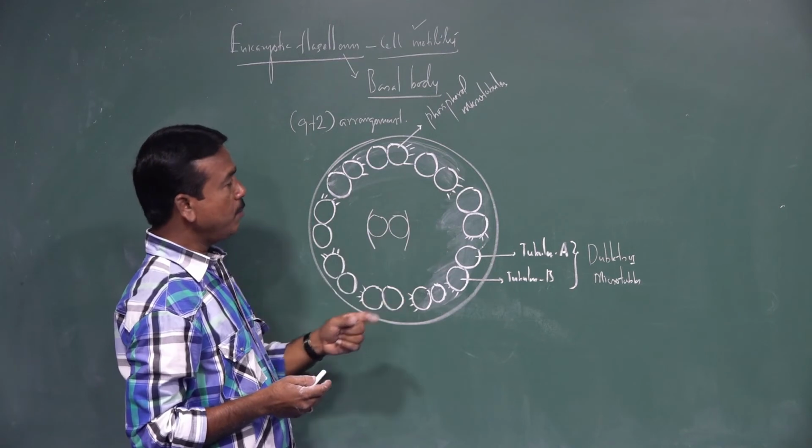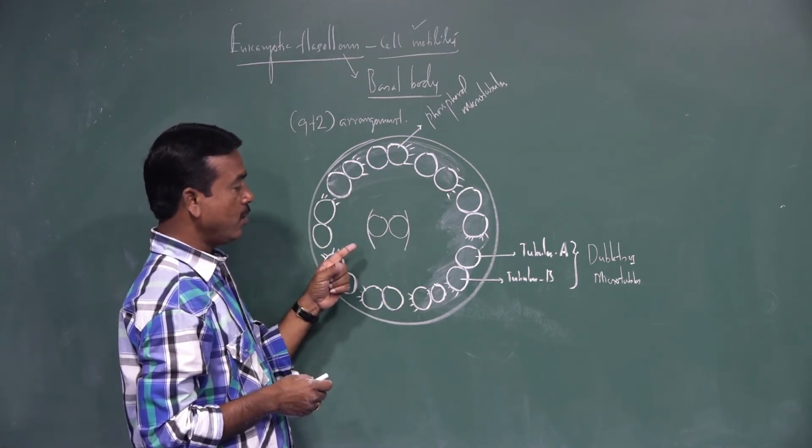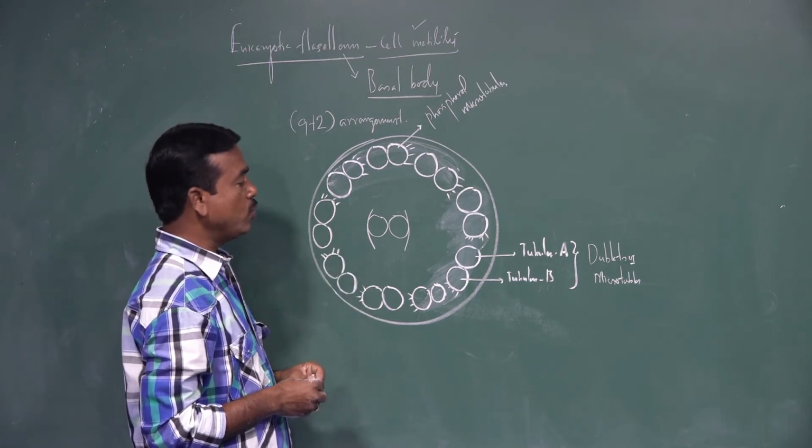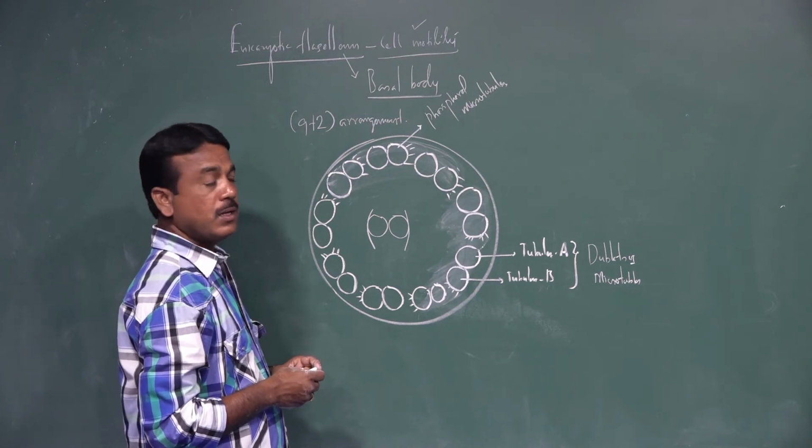So there are 9 pairs of peripheral microtubules and one pair of microtubules present at the center.